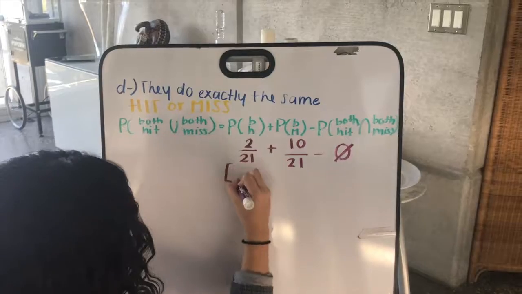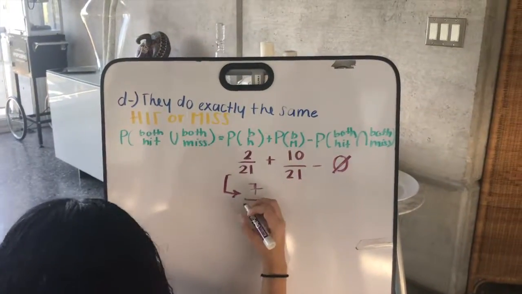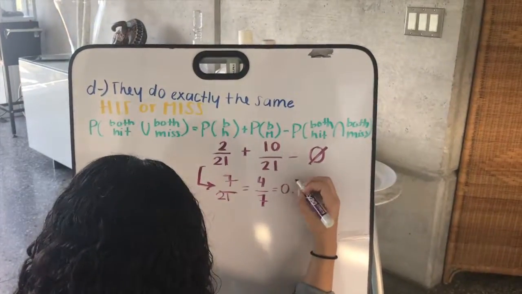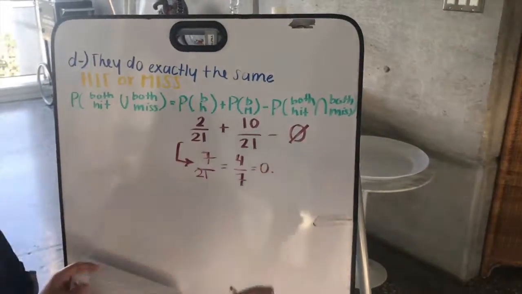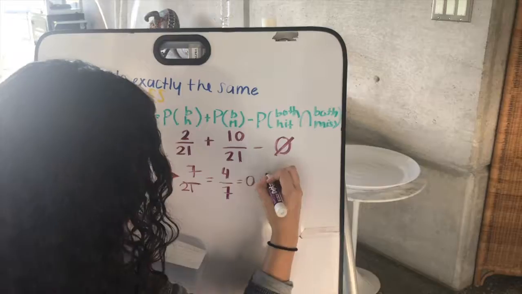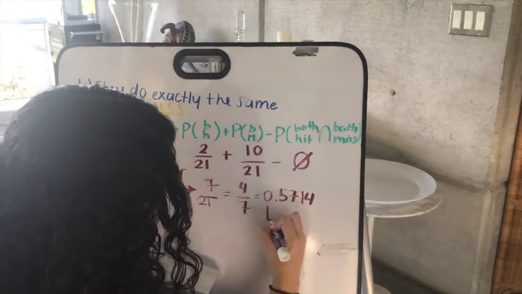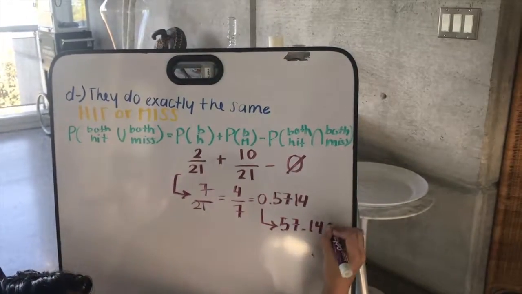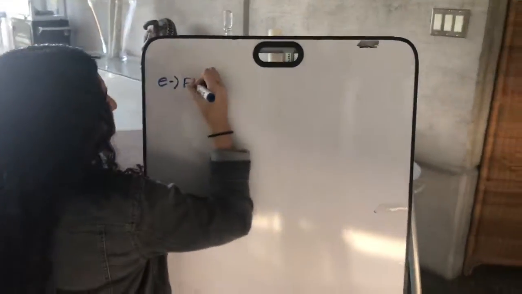And that'll give us 2/21 plus 10/21 minus 0, which is going to give us 12/21, which simplified is 4/7, multiplied by 100, it'll give us 54.14%.